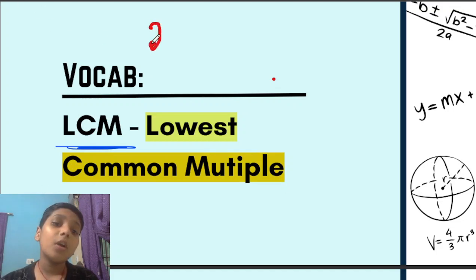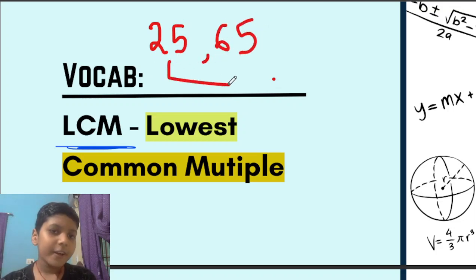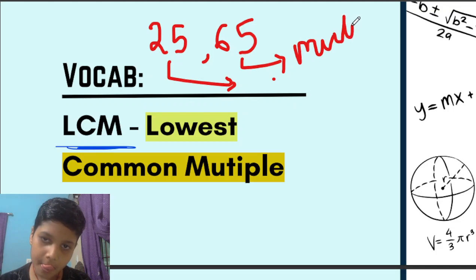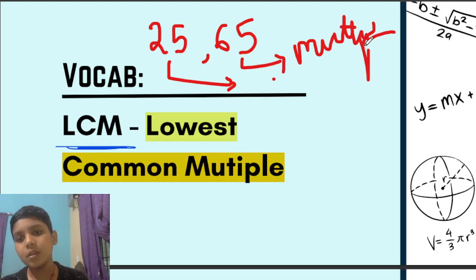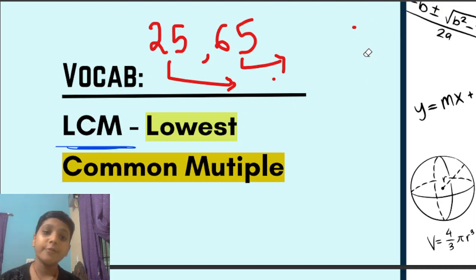Take the example of 25 and 65. When we take both of their multiples, for suppose the multiples of 25 are 25, 50, 75 and so on, and 65 would be something like that. So when we take the multiples, there must be something common in them.